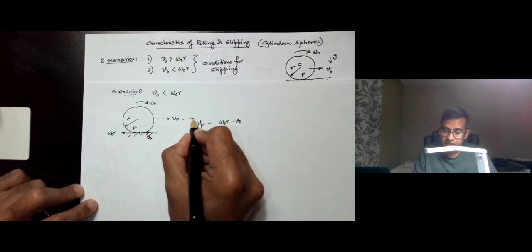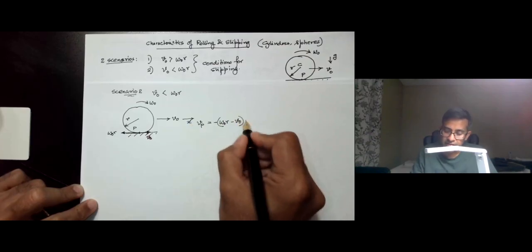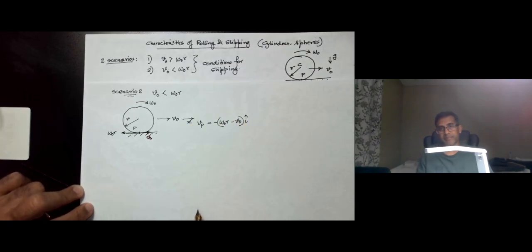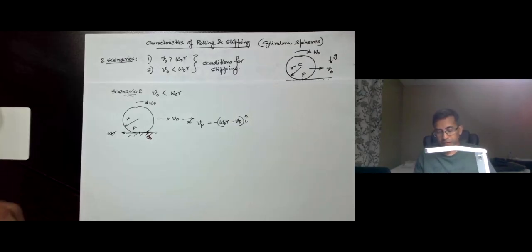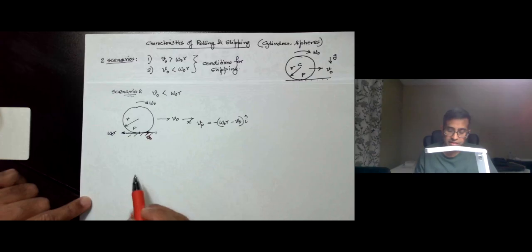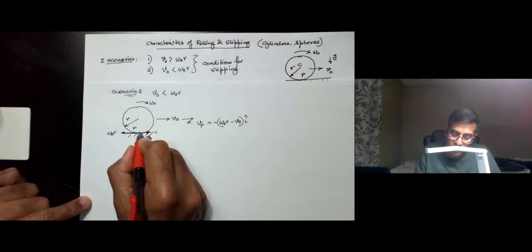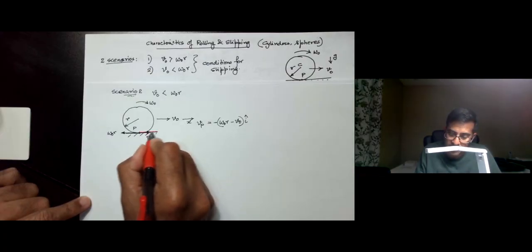If I consider this to be the x direction, then it is in the negative x direction, so negative i. So that's the velocity of the point P at this instant. Therefore the friction force on the point P on the disk is going to be in this direction.